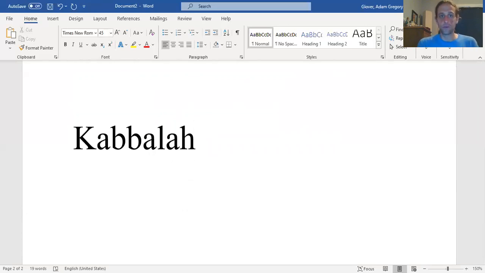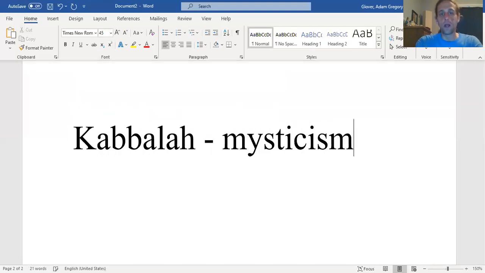Okay, so in addition to Talmud, the term Kabbalah comes up in the text. This is an important term as well. So Kabbalah is just one of the versions of Jewish mysticism. Perhaps you're familiar with mysticism from other contexts. Maybe you've read some of the Christian mystics like St. John of the Cross and Teresa of Avila, just to mention the Spanish examples. Maybe you're familiar with Islamic mysticism, say Sufi mysticism in Islam.